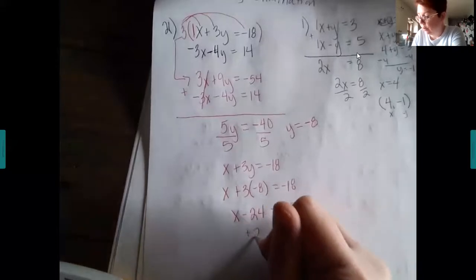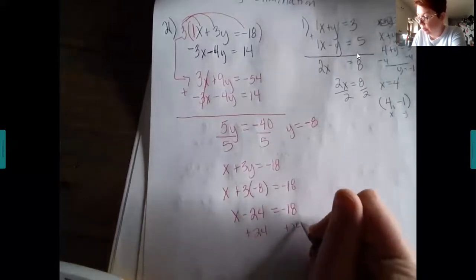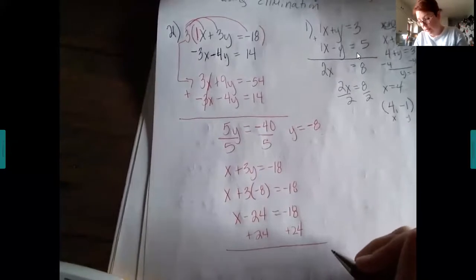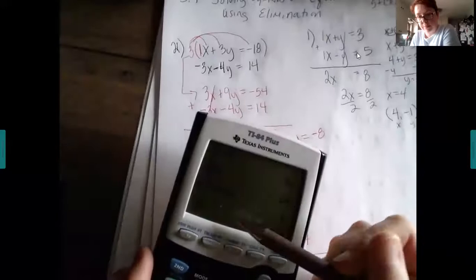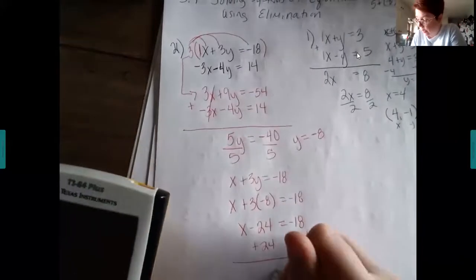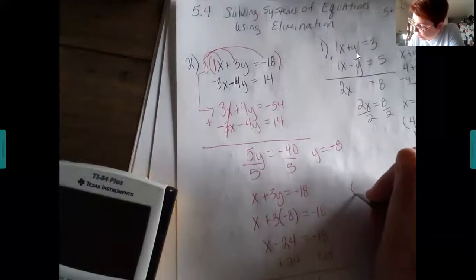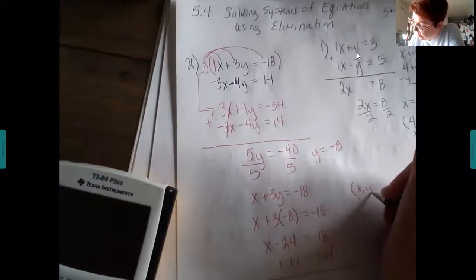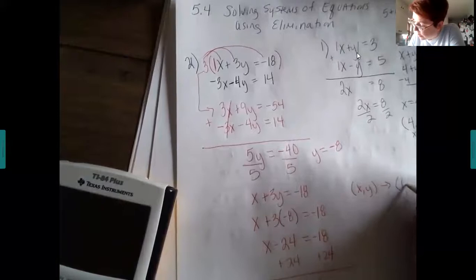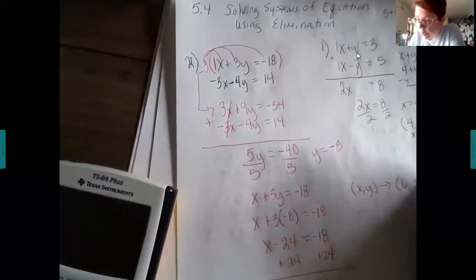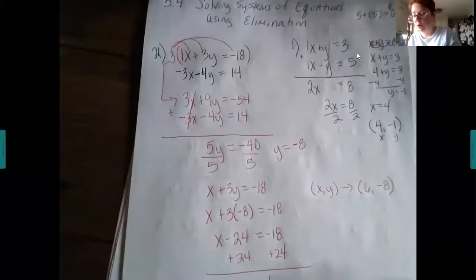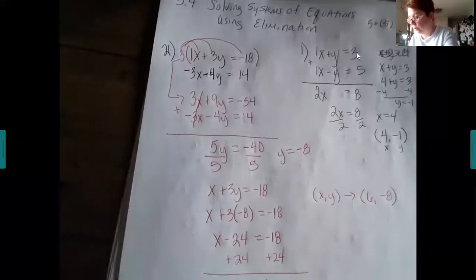Solve for x, I'm going to add 24. Go down 18, come back 24. Just like that in the happy calculator, I get x equals 6. So my solution will be x is 6, and my y is negative 8. You're going to have two answers.